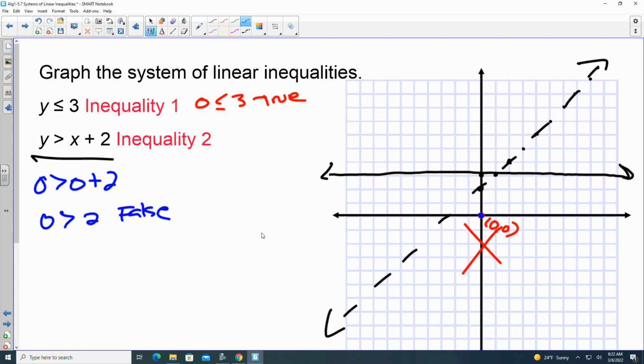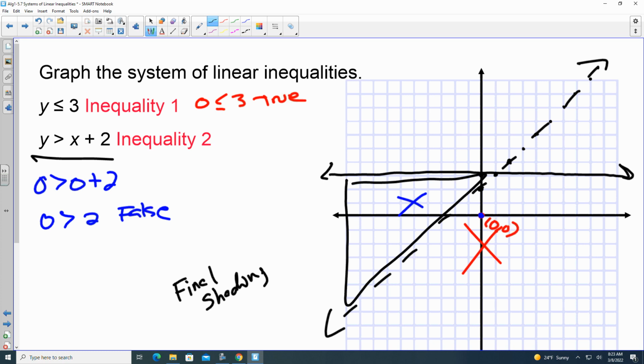So that means that everything is going to go away from the test point, which is over here. So I put that X on that side because this is an indicator. So I'm just going to use black as my final shading. My final shading is going to be this overlap right here.